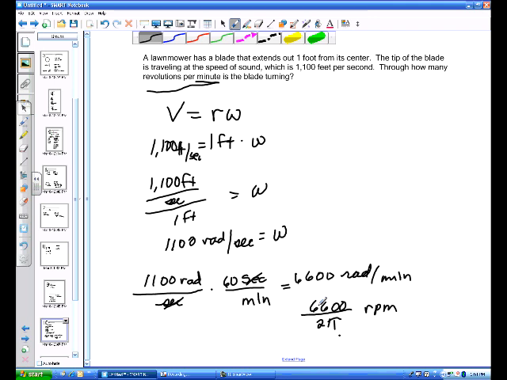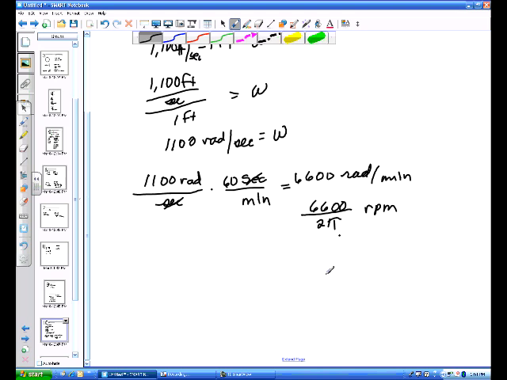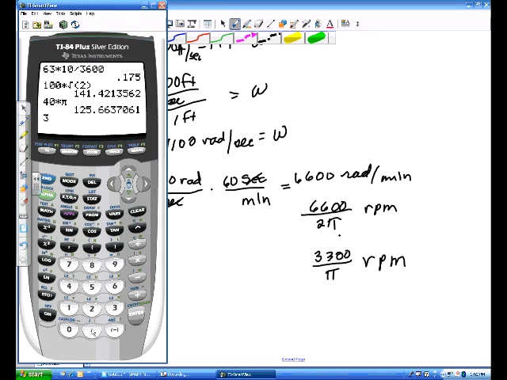And we could do some canceling if you wanted to come up with an exact one. Both of those are divisible by 2. So an exact answer would be 3,300 over pi RPMs. And that doesn't make a lot of sense to us, so we could then divide 3,300 divided by pi.